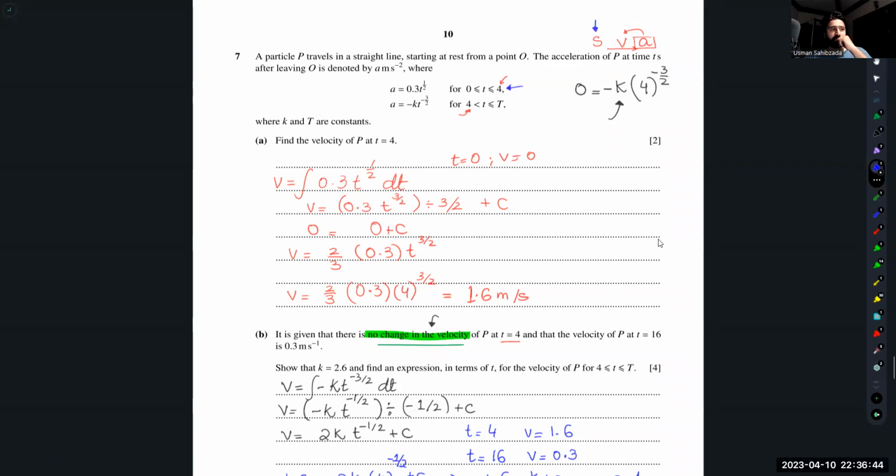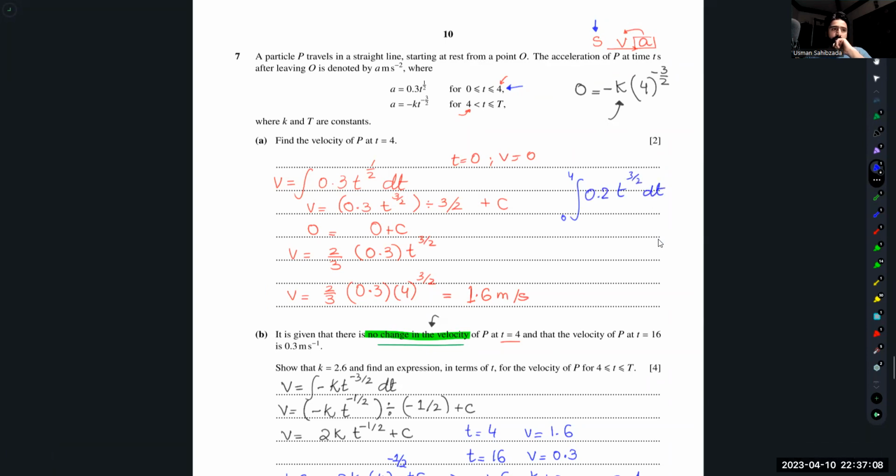आपके पास v की इक्वेशन आपने निकाल ली थी. अगर हम इंटीग्रेट करें पहले 4 seconds, 4 से लेके 0, अपनी वेलोसिटी की एक्सप्रेशन को, तो दैट्स 0.2 t की पावर 3/2 dt. इसको हम इंटीग्रेट करें.